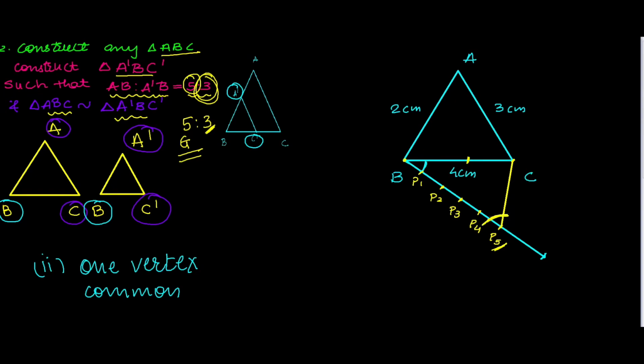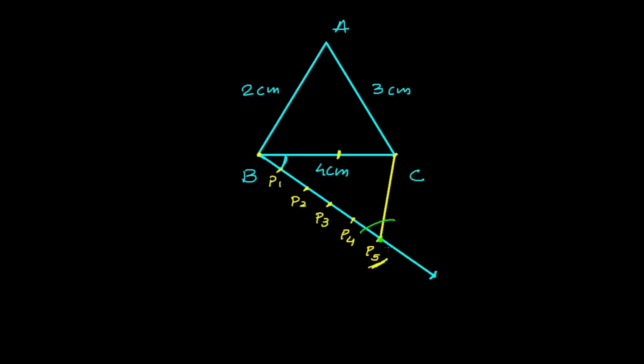Let us see. Just put the rounder's tip on point 5 and take any angle like this. Draw an arc on this. As you kept the point on P5 and drew the arc, after that you have to keep the point on P3 and draw a similar arc like this.